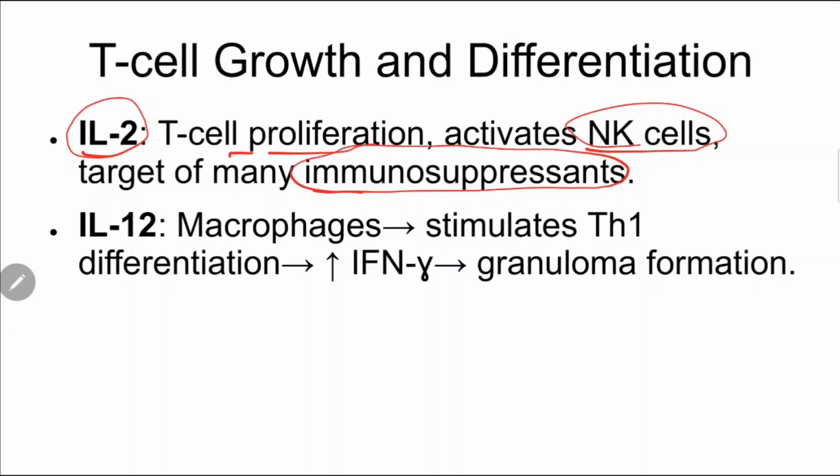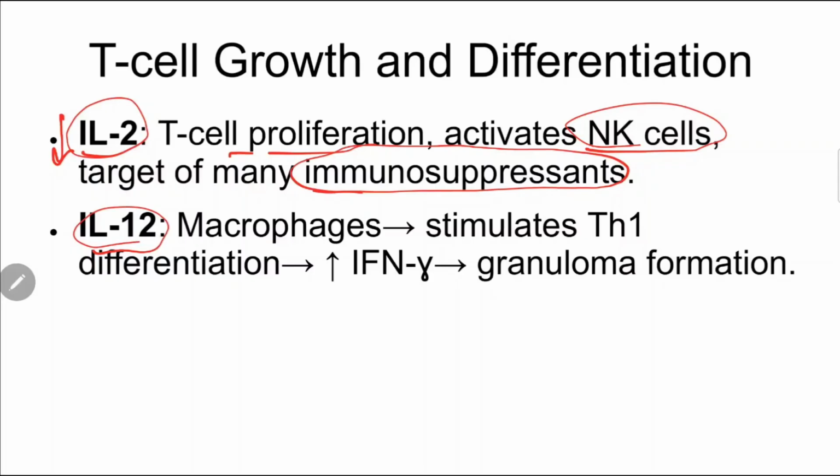So what you do is decrease interleukin 2. Drugs such as cyclosporin, tacrolimus, and corticosteroids all work to decrease interleukin 2 by different mechanisms, surely, but the main point is that they decrease interleukin 2. Next, you have interleukin 12.